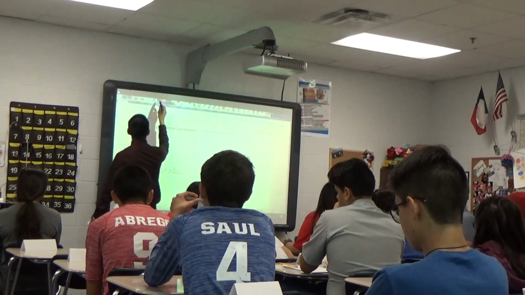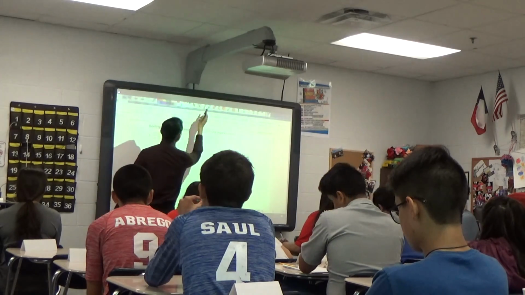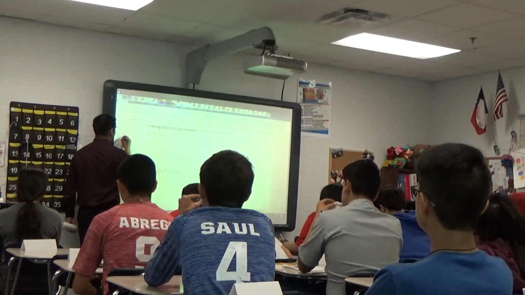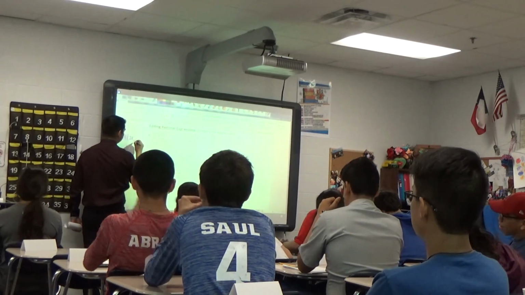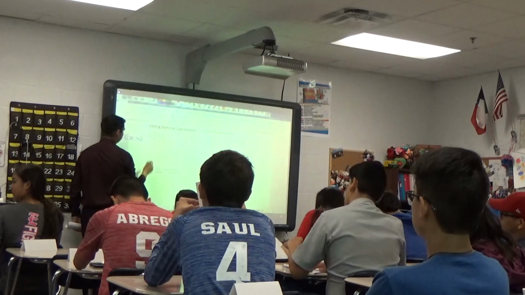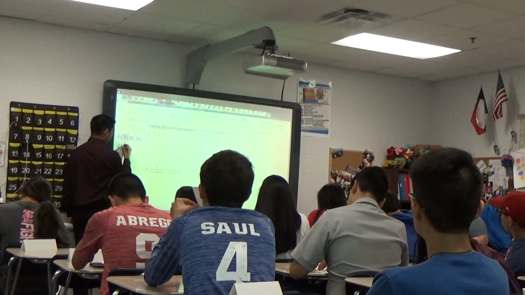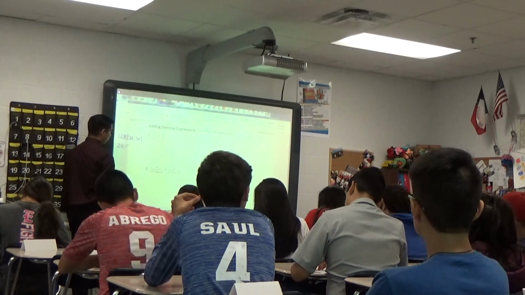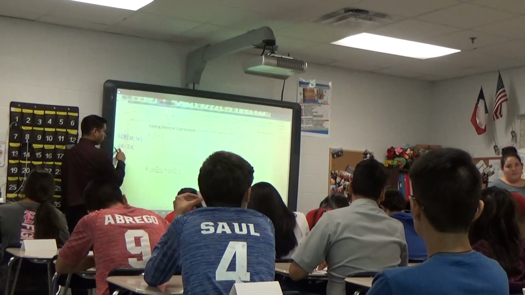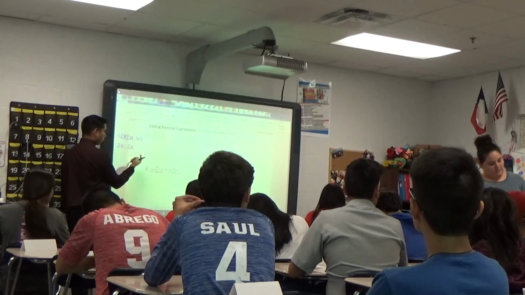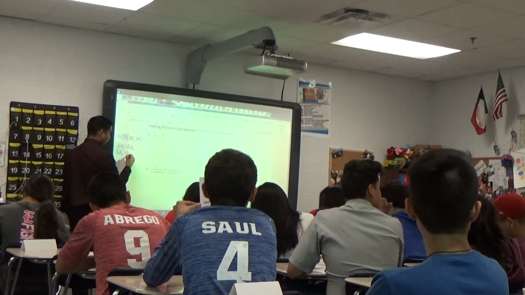First, we need to find the LCM of 2x and 5x. 2x simplified is just 2x. 2 is a prime number, x is just the first power. 5x, 5 is a prime.